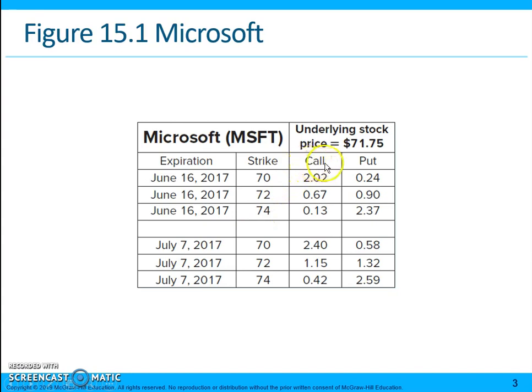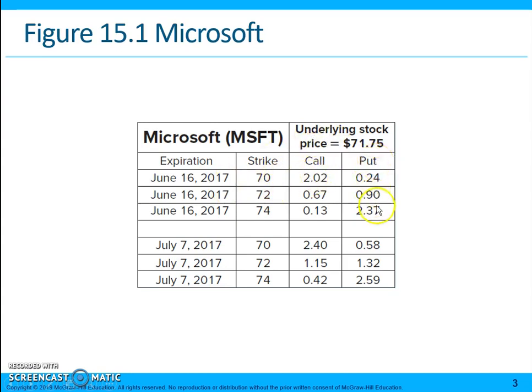That call here is actually in the money because the underlying stock price is $71.75. So if we owned this call, we could buy the stock at $70 and sell it at $71.75. That difference is the intrinsic value. The call premium less the intrinsic value is the time value of that option.